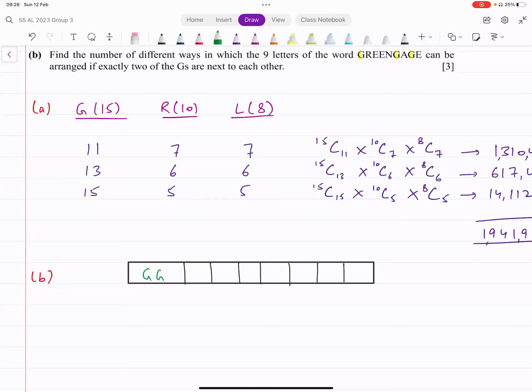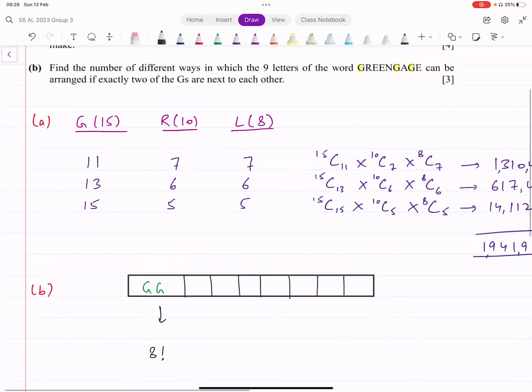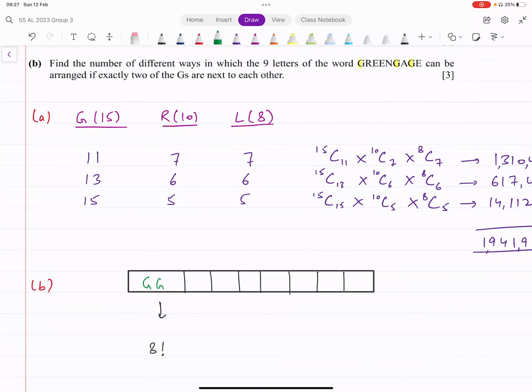So now what's the total number of boxes? The total number of boxes is 8. So that becomes 8 factorial. And then we think about the letters that we are left with. आपके पास 2 G's यहाँ पर आ जाएंगे तो बाकी letters क्या बचे? R, E, E, N, A, E, and we still have 1 G there as well.